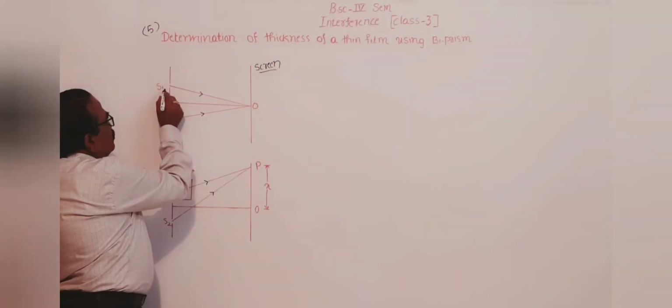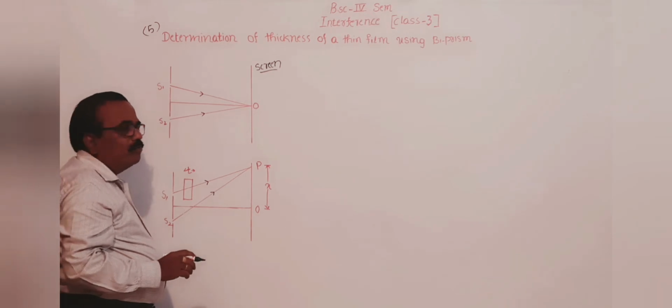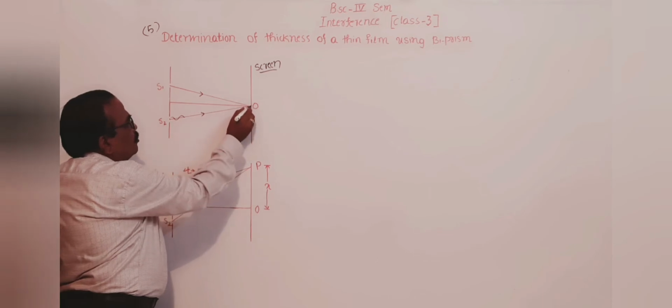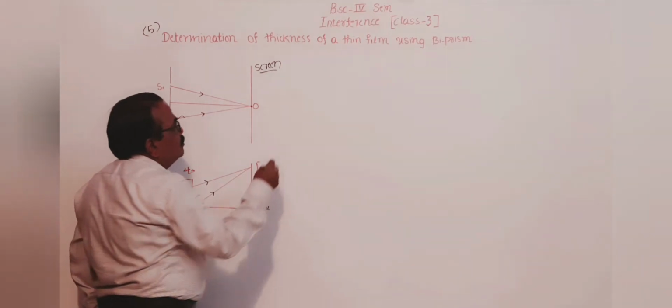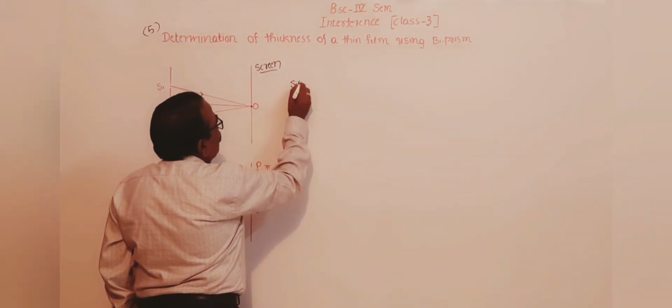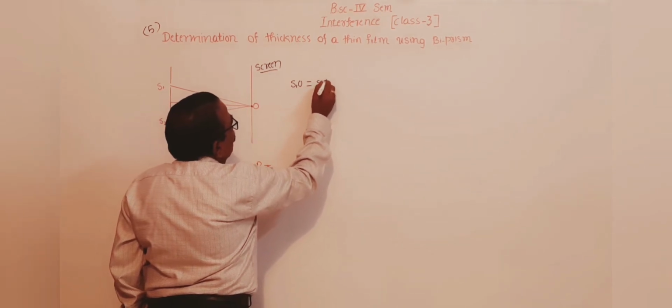Now the wave traveling from S1 reaches the point O. The wave traveling from S2 also reaches the point O. From this it is clear that S1O is equal to S2O.